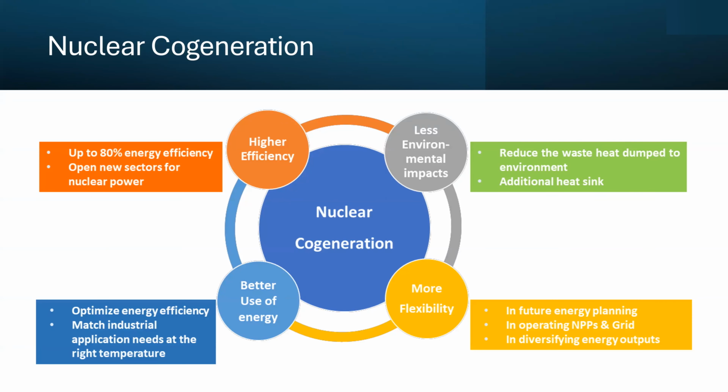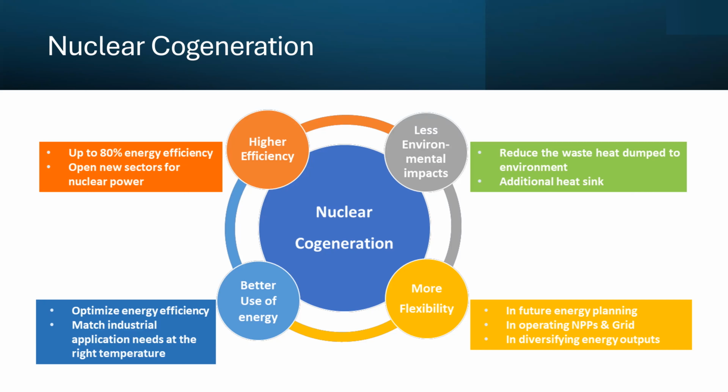Why nuclear cogeneration? Because most nuclear reactors are like 30 to 35% efficient for producing electricity, and the thermal heat is wasted. So if we actually use the thermal heat, for example, for desalination, the energy efficiency can be increased all the way to 80% and maybe even higher.